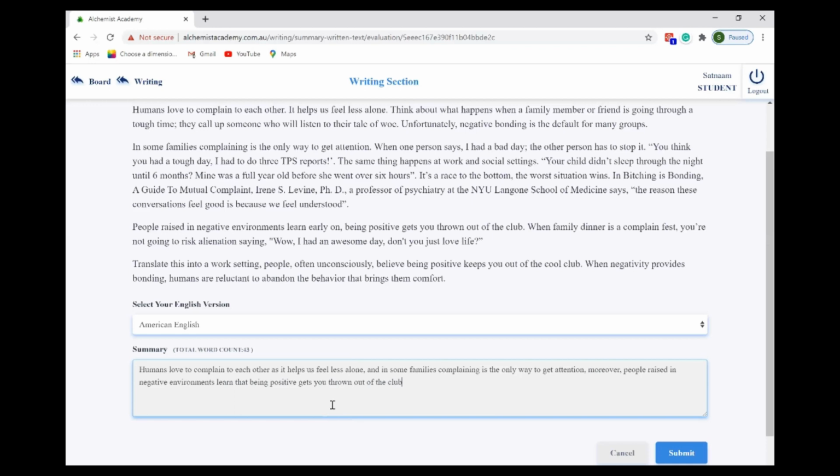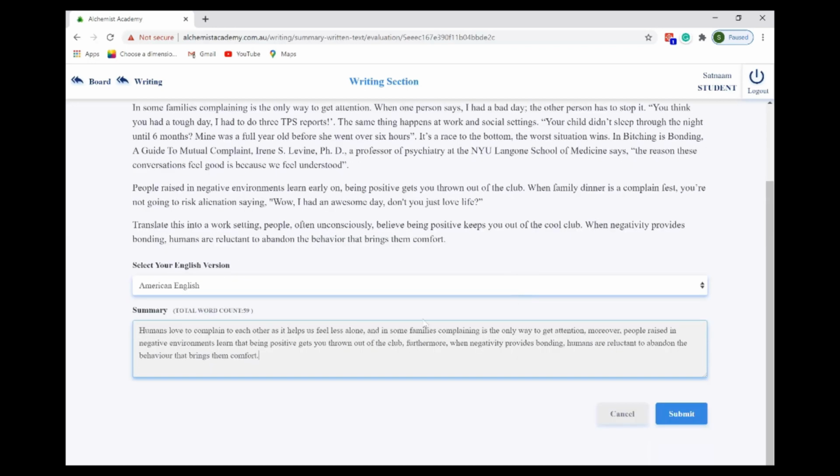I'm going to put this because this is repeated 2 times in there. Combine this: furthermore, when negativity provides bonding, humans are reluctant to abandon the behavior that brings them comfort.